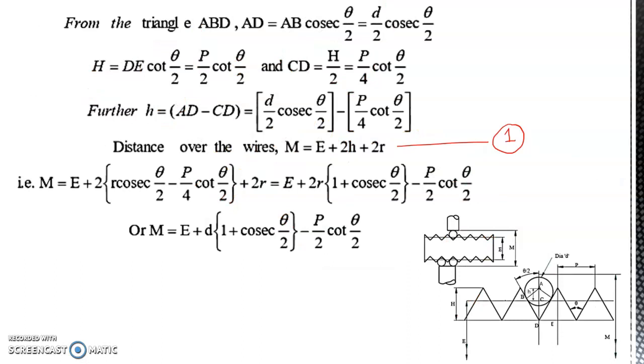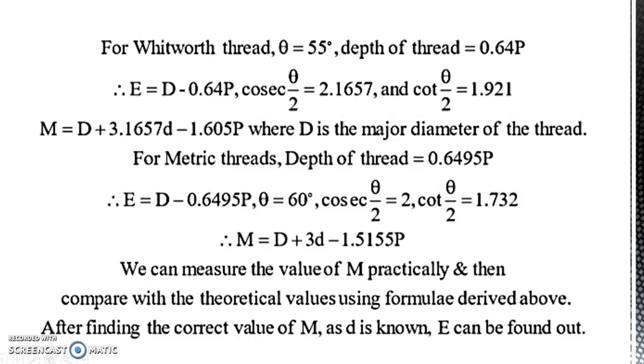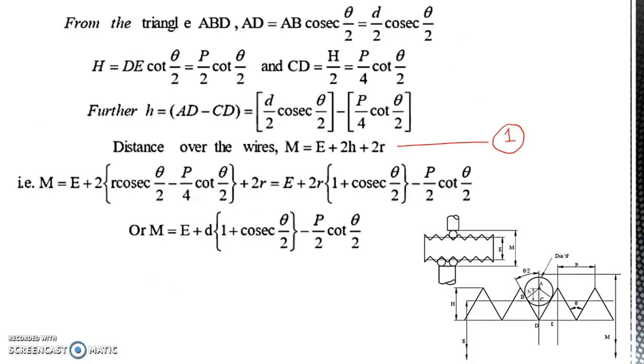In order to derive a theoretical relationship for m, we substitute the value of h, which is already derived, into equation number 1, and finally we get these results of that substitution. We combine this portion with this one.